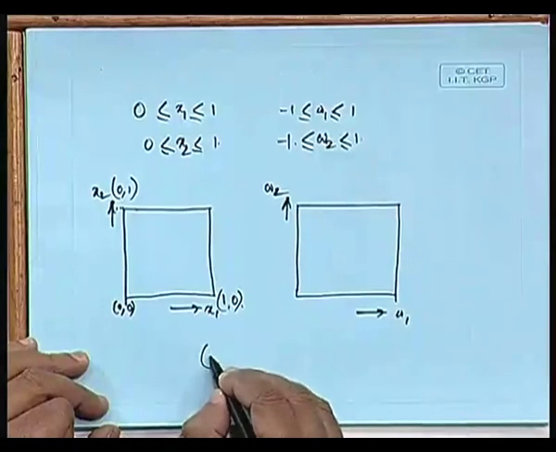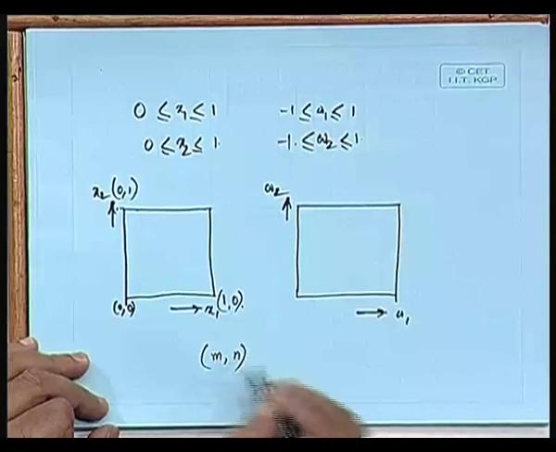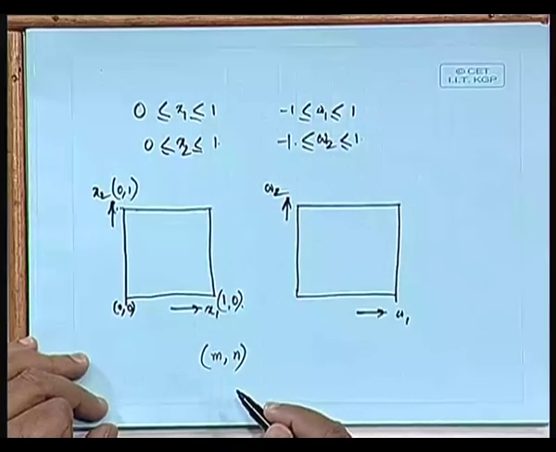So, let us say that we follow a two dimensional indexing system. That means to say that the neurons will be denoted by, let us say, m comma n, where m is the index in the x1 direction and n is the index in the x2 direction, or I mean the x and y direction. So, in 2 dimensions their indexes are called m and n. So, we index all these neurons.